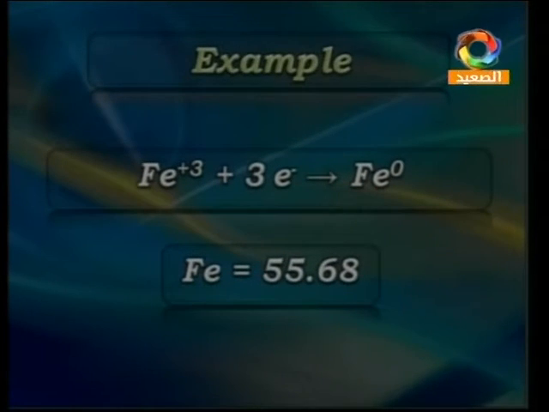We have Fe³⁺ gaining 3 electrons to give us Fe atoms. The molecular mass of iron is given as 55.68.